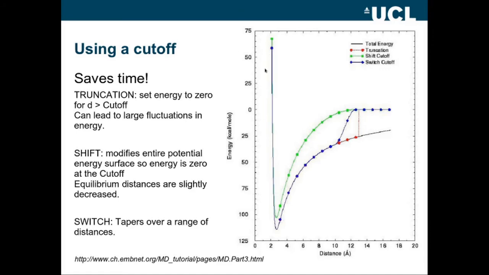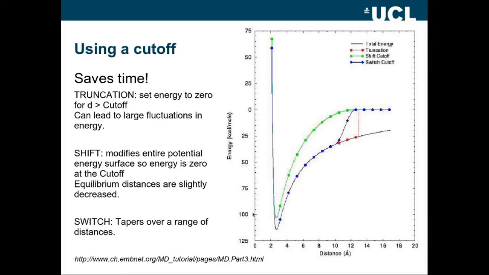So that's shown in the graph by the green trace following here, and we hit this zero energy at this cutoff of 13-14 angstroms. But what you can also see from that is that the minimum here is somewhat different, and that means that the equilibrium distances are all slightly decreased, and that will have some effect in errors in the simulation as well.